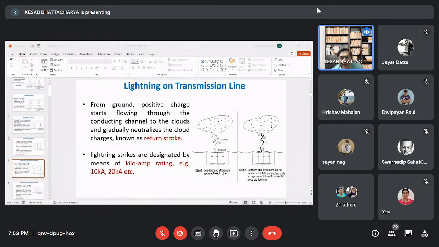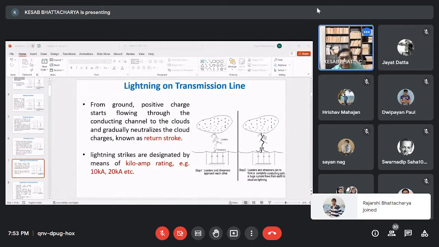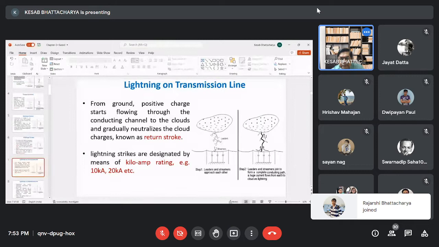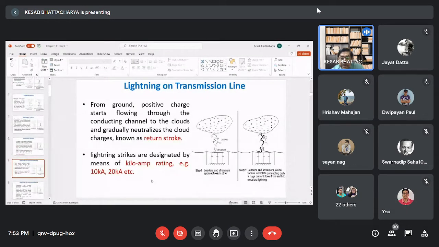That is why lightning does not continue for an indefinite period.